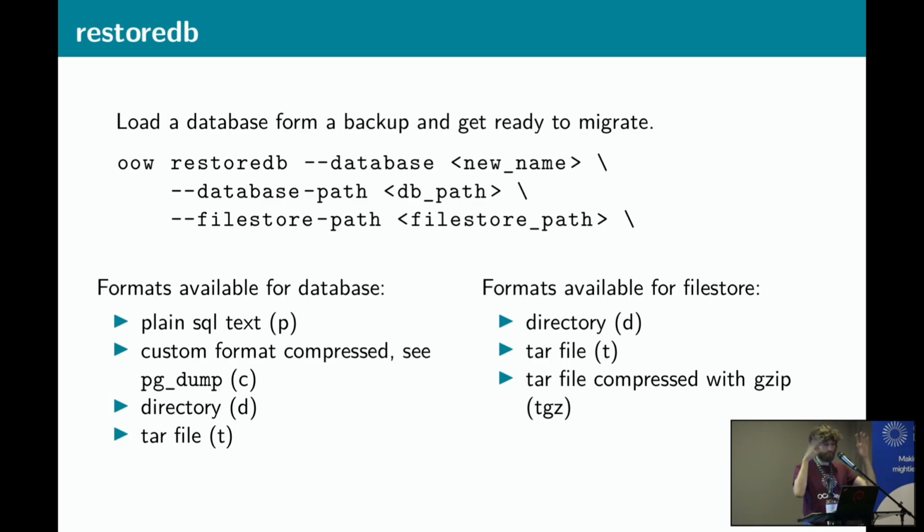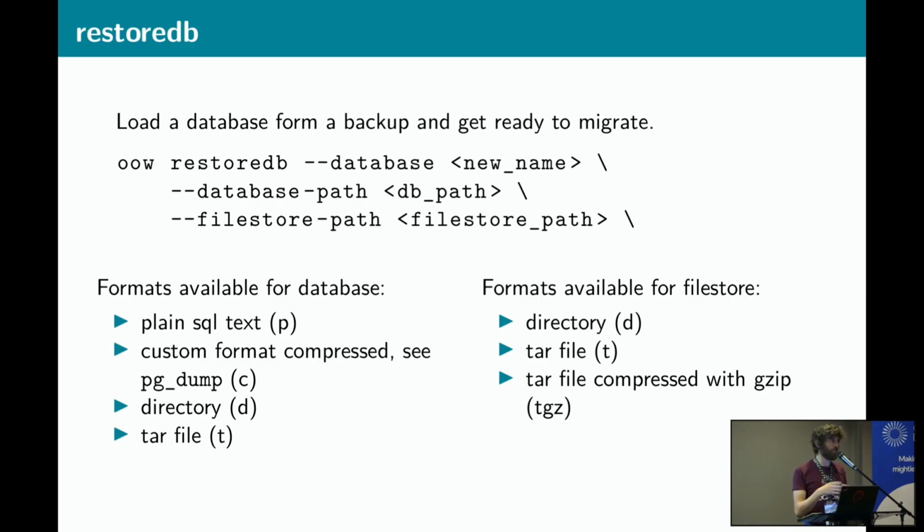But we suppose that everything is okay, and so now you can restore your backup. You can use the restore-db subcommand. It uses the default of pgdump and pgrestore, so it doesn't use the default Odoo way to make the backup, like the zip file.